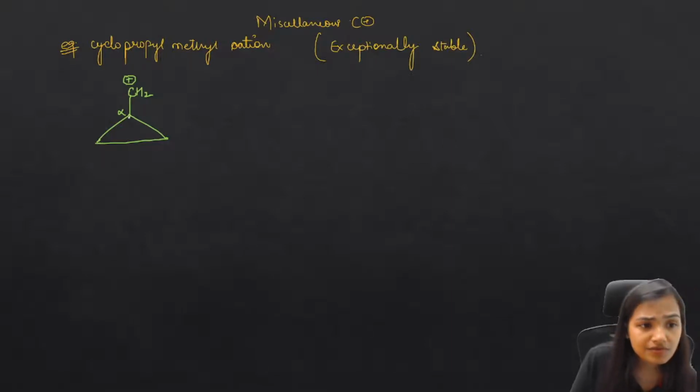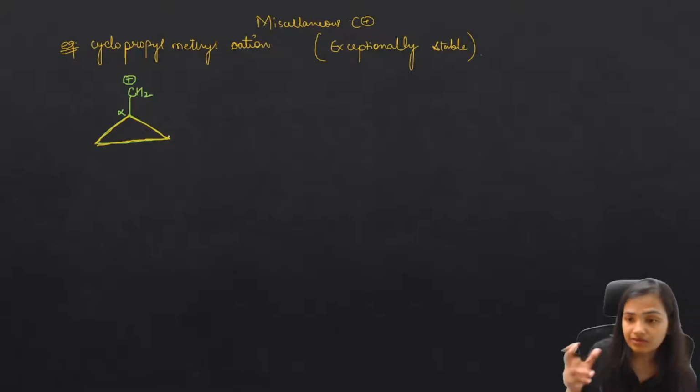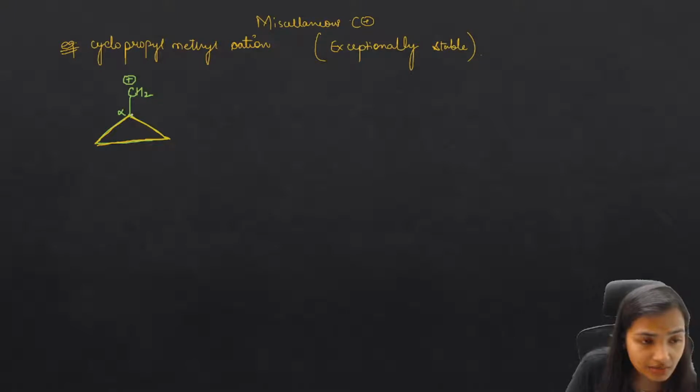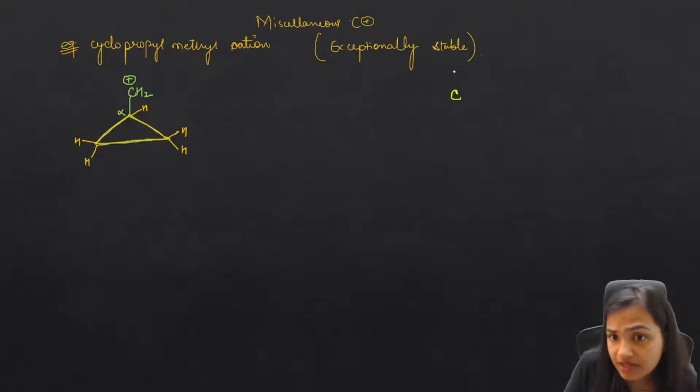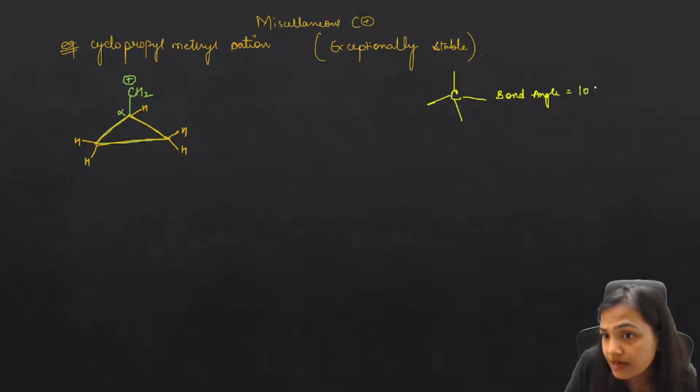Now if we see the cyclopropyl ring, these are all carbons which are usually sp3 hybridized, with hydrogens on them. A carbon, when it is sp3 hybridized, usually has a bond angle of 109 degree 28 minutes, right?